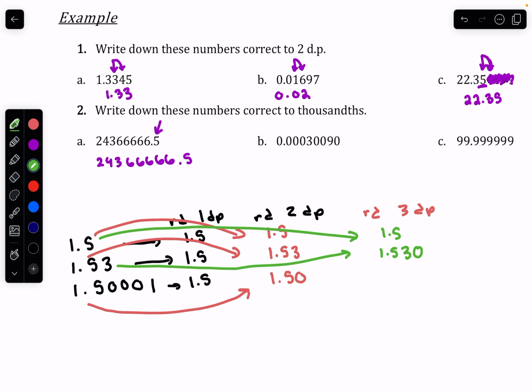There wasn't a number. There was nothing rounded. It can stay 1.53. Now my 1.500, this is the number I'm rounding to. I look to the right. It's a 0, so I'm going to keep that 0 a 0. And I end up with 1.500.